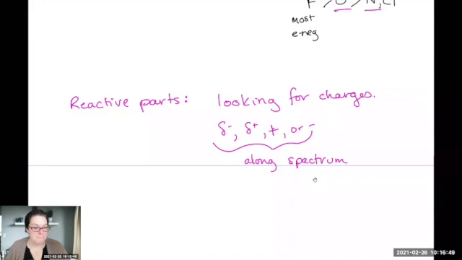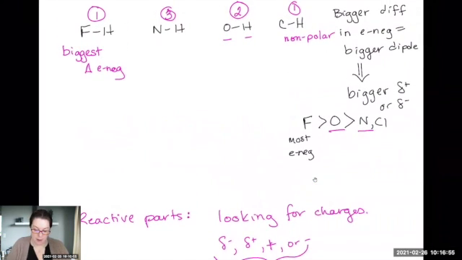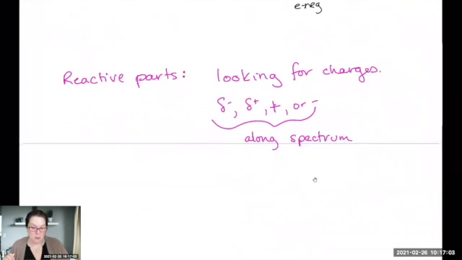Okay. So we just talked about how to find those charges. Those charges are going to result from bonds where the 2 atoms have, like over here, differences in their electronegativity. All right. Questions about that? Good. Okay.